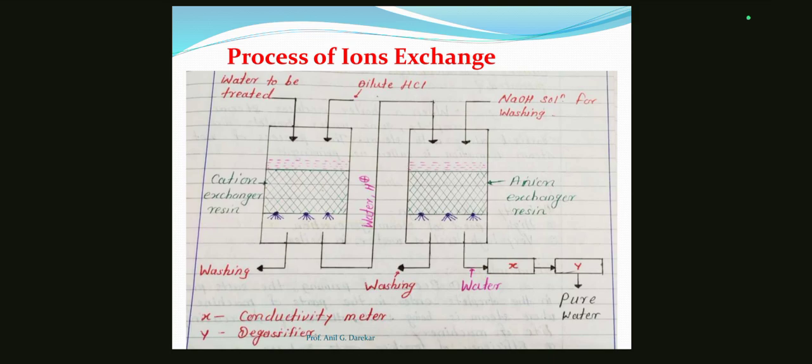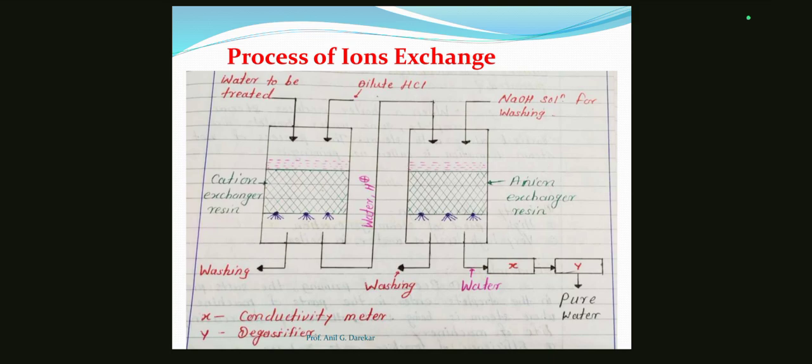In the cation exchanger, at the top there are two inlets, one for adding polluted water, the water to be treated, and the second inlet is dilute HCl for regeneration. The cation exchanger resin is placed over a perforated support, and at the bottom there are two outlets, one for collecting washing and second for getting the treated water.